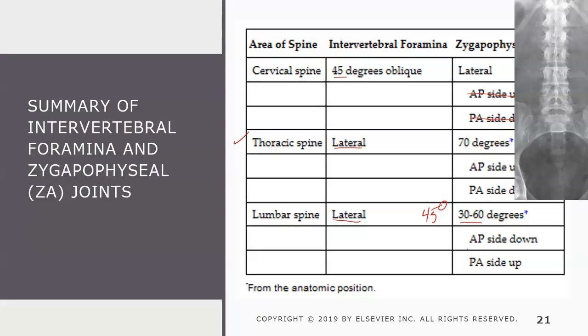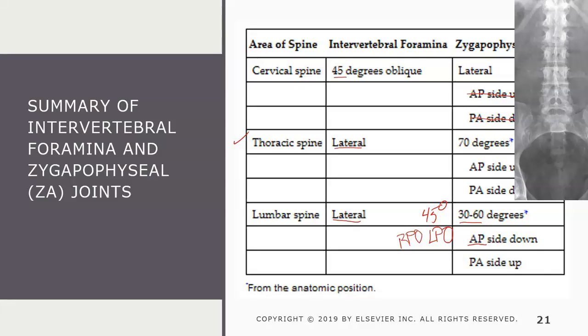So you can either do it AP or PA, but if we're looking at the AP, which means the patient is in an RPO or LPO, we're looking at the side down, the direction of the dog.